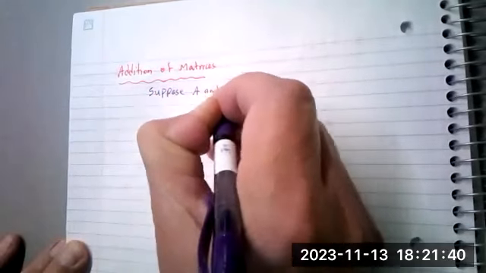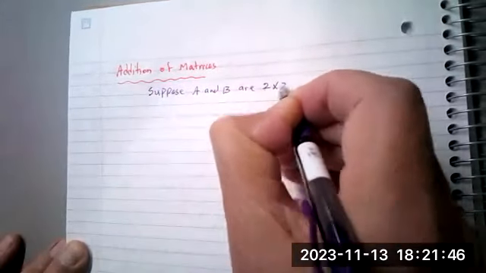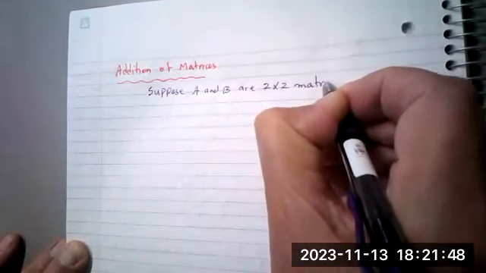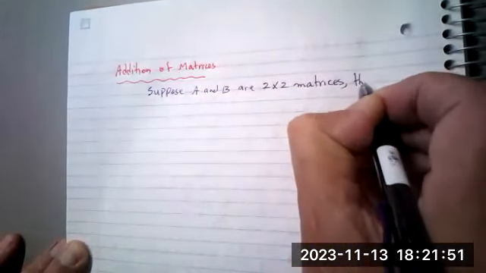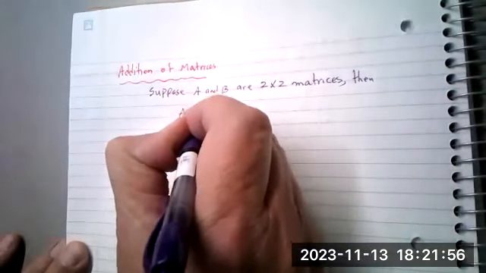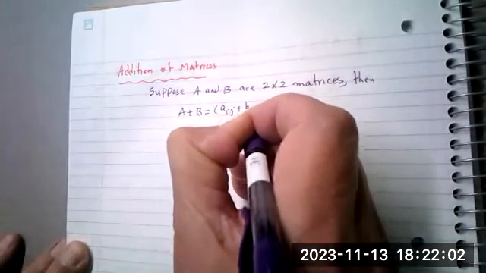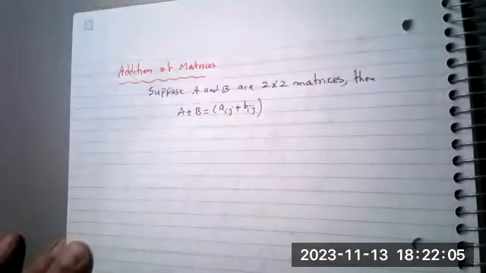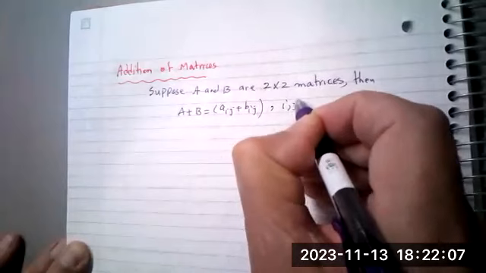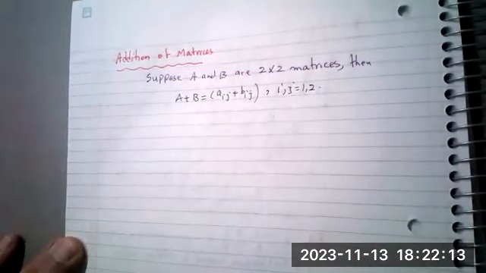You have 2 matrices, suppose A and B, again, are going to be 2 by 2 matrices. Then if you want to add, you add the corresponding terms together. So A plus B would be simply a_ij plus b_ij, where i and j equal 1 and 2, in the case that we're going to have just a 2 by 2.